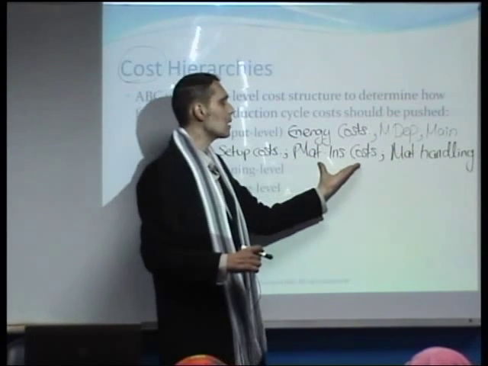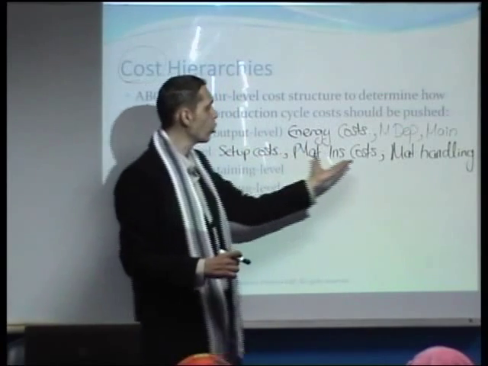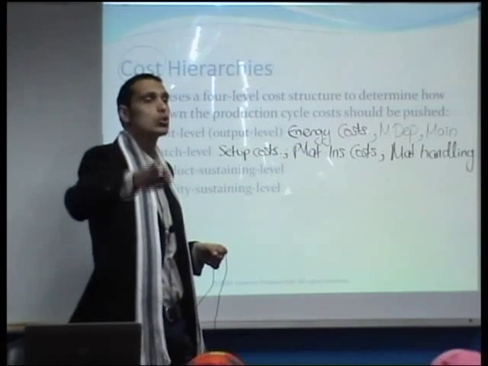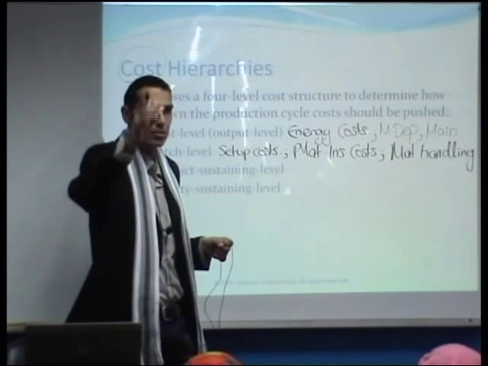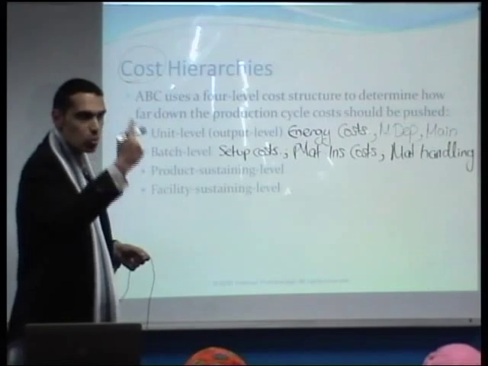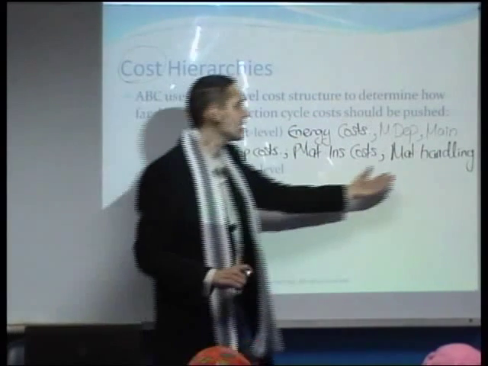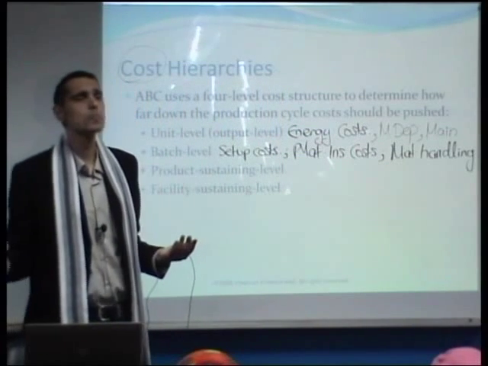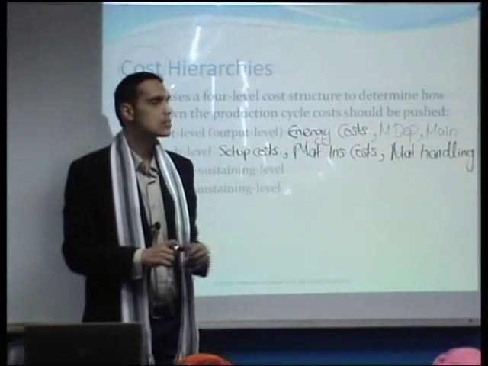Therefore, the material inspection cost here is a batch level cost, because this cost is related to the purchase orders themselves, or the number of purchase orders. And we all know that the purchase order is a batch level because we do not order individual units of materials, for instance.